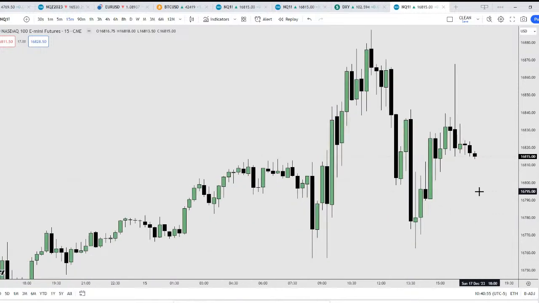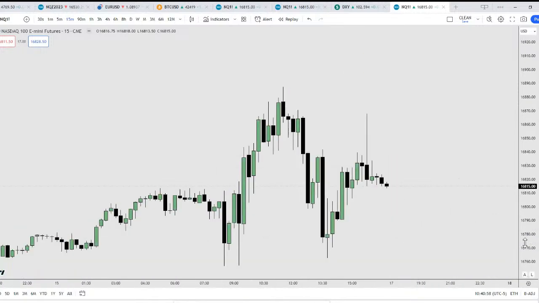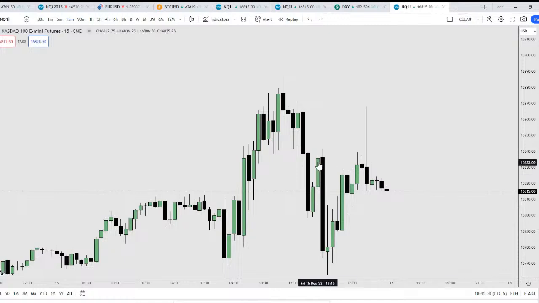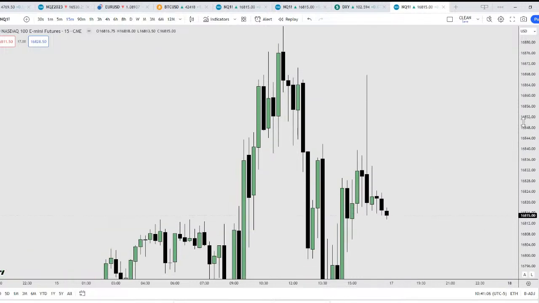As you can see right here on the 15 minutes, this seems like a proportion order block, but in fact, if you take a look, it did not trade up to this high. The green candles are not touching the low of this last bearish order block, so that sort of invalidates these two candles as your proportion order block.